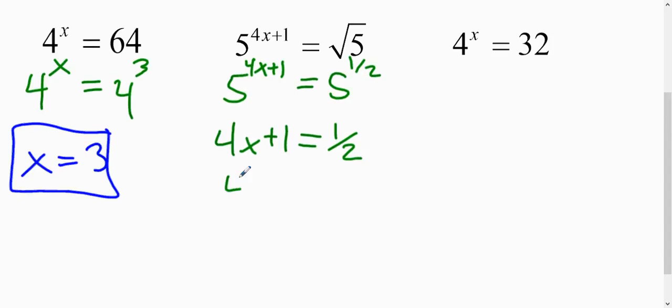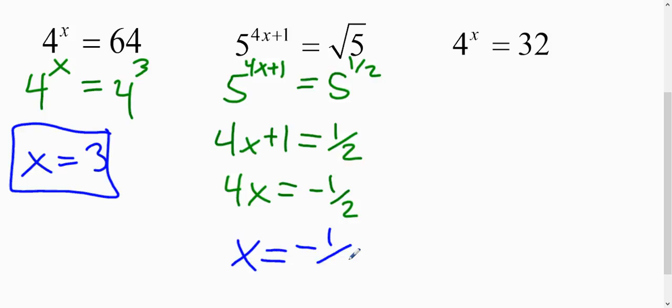Subtract the 1, we get 4x equals negative 1/2. Divide by 4. It's negative 1/8.